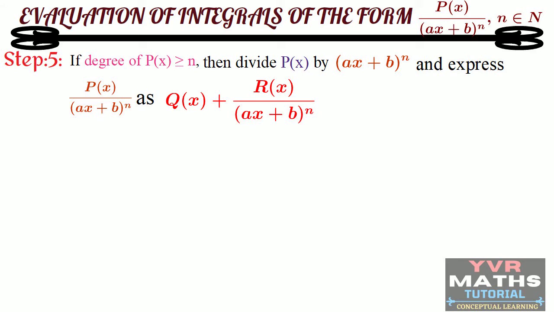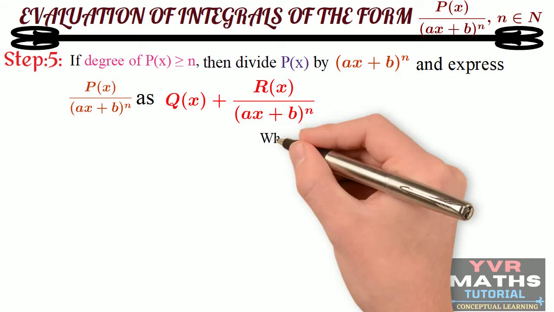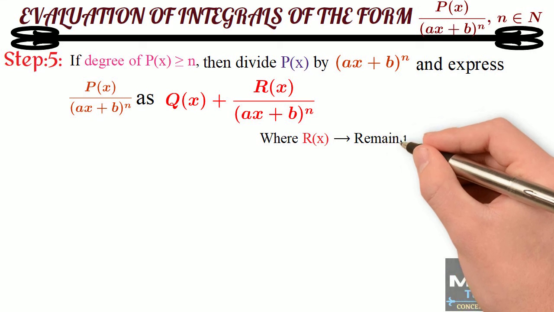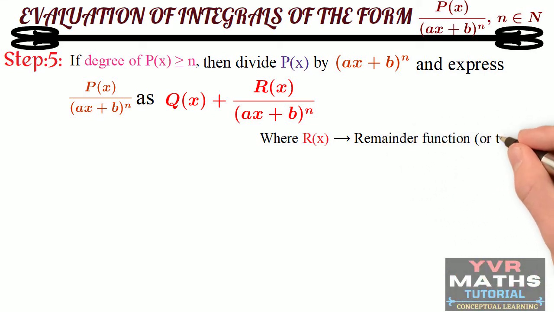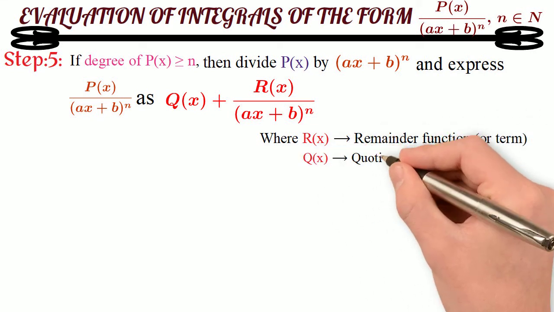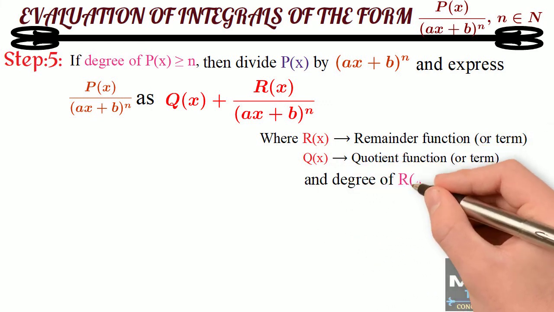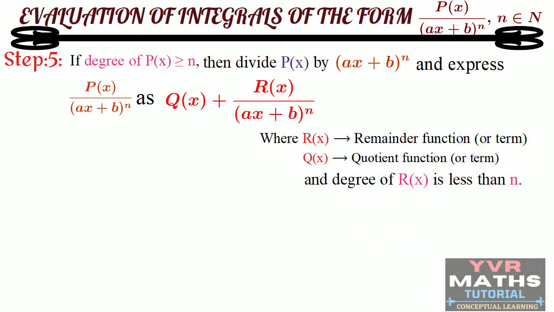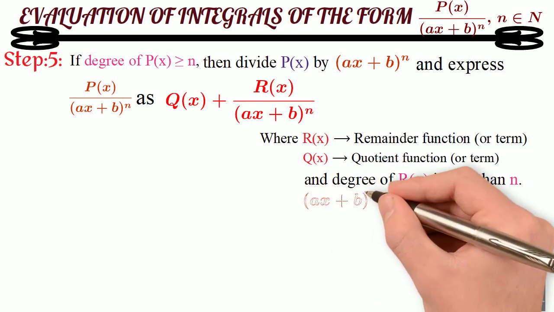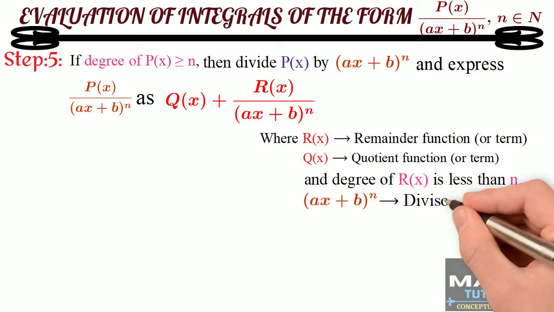After completing the long division method, the given fraction can be written as quotient plus remainder by divisor. So see here, r of x is called the remainder function and q of x is called the quotient function, and degree of r of x is always less than n. And the function (ax plus b) whole power n is the divisor.